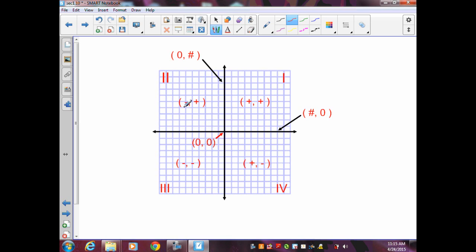To be in quadrant 2, my x-coordinate is negative, my y-coordinate is positive. Quadrant 3, x-coordinate is negative and y-coordinate is negative. And to be in quadrant 4, my x-coordinate is positive and my y-coordinate is negative. The origin is 0, 0.